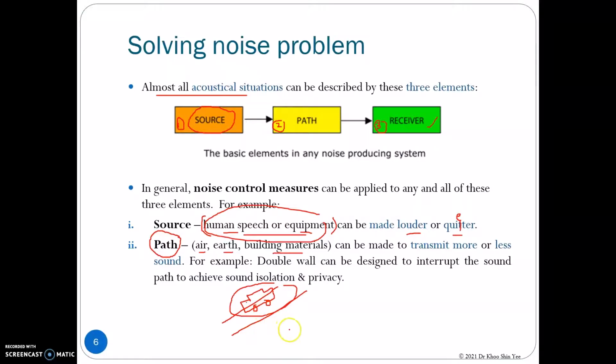In this case, we can interrupt the transmission path by building a wall to block the noise from reaching the residential area. You can see that the wall will cause the noise to be transmitted less to the residential area. By doing this, the noise can be reduced.